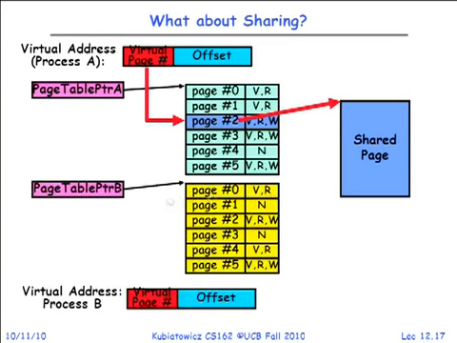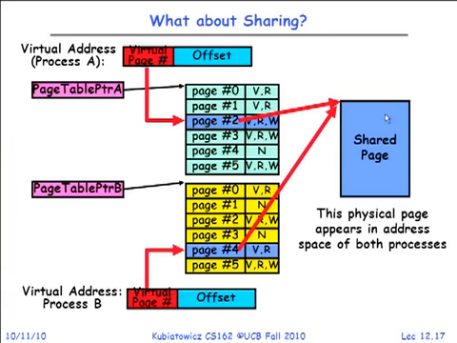And for process B, we can do the same thing with a different page. They can point to the same physical page. And as a result, process A can access at this point in its address space, and process B can access at this point in its address space, and they get the same page.